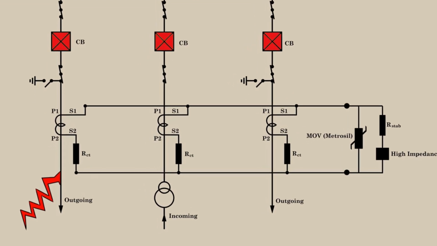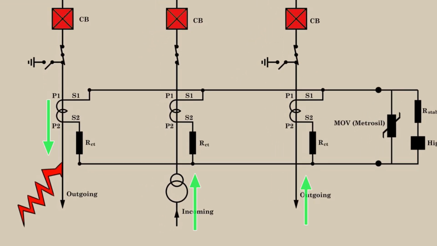So the fault current shows the replica of the fault current at the secondary of the CT in this direction. And obviously the secondary current of the CT of the incoming feeder will be in that direction and the secondary current of the CT of this feeder will be in this way. So the current is coming out here to the fault path and two currents are entering it.